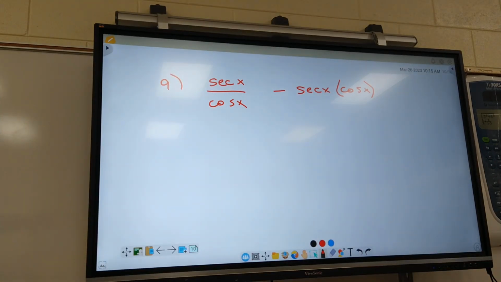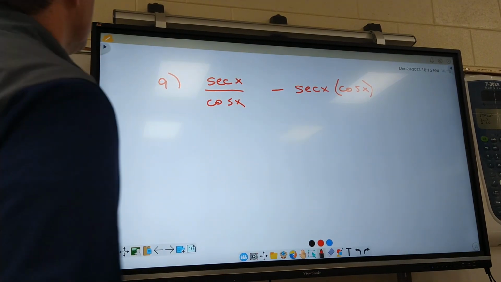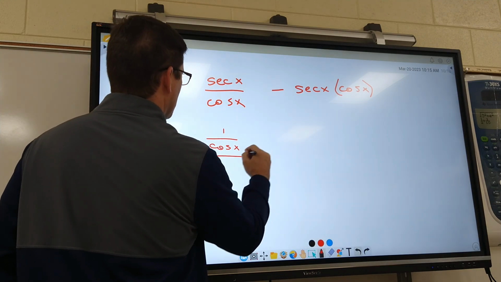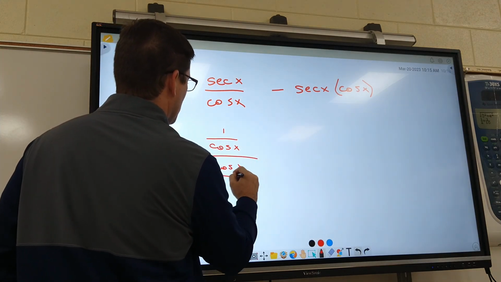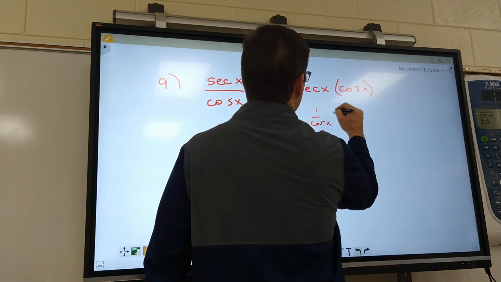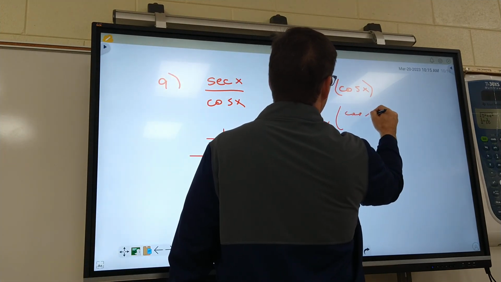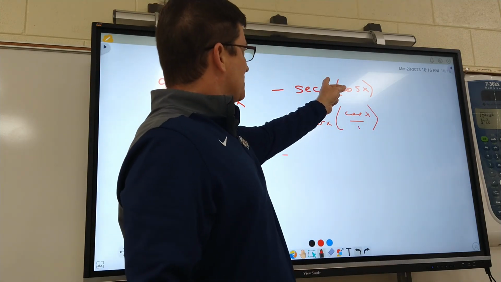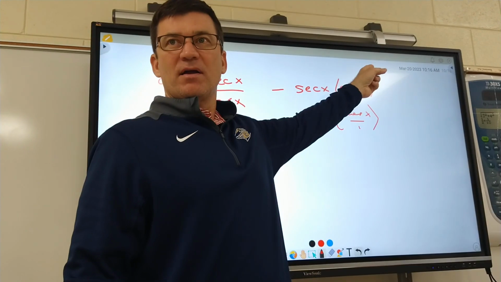Go through first. Change everything you can change. All right, so this changes to 1 over cosine. And that's cosine over 1 minus secant, 1 over cosine. That's cosine over 1. We got to multiply secant and cosine together, right?